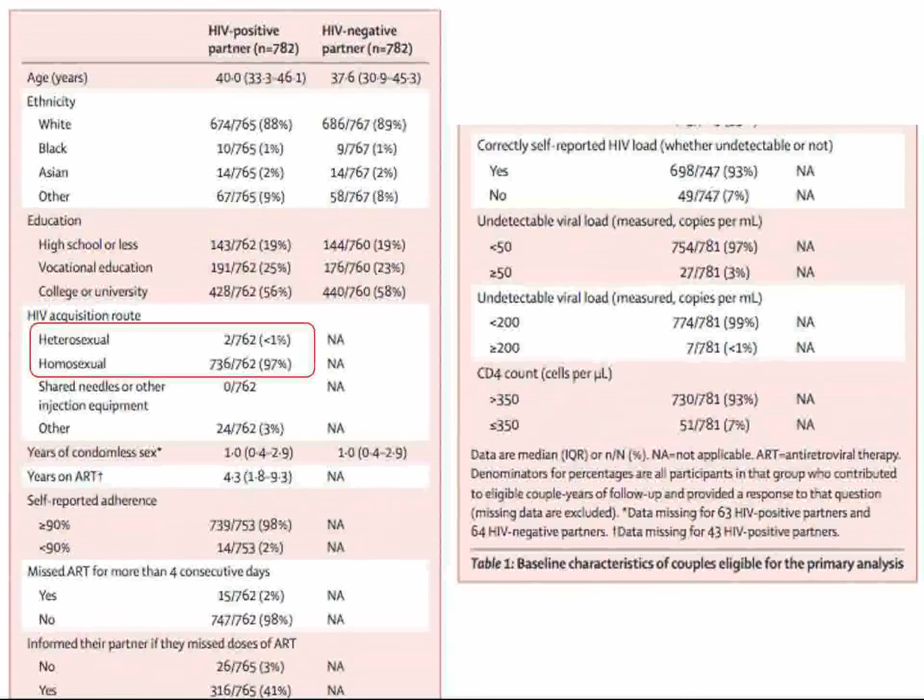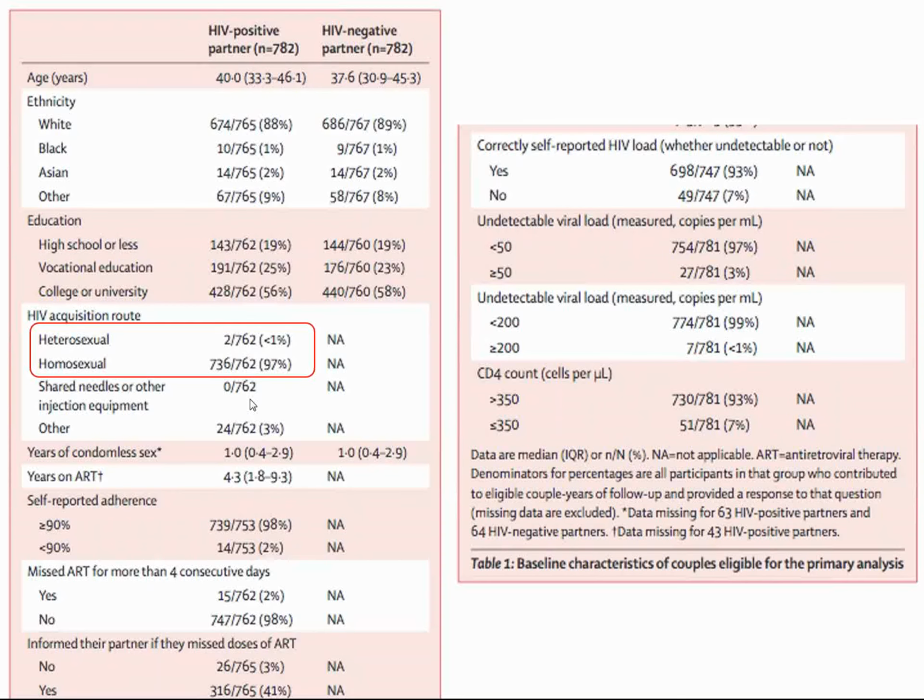So couples were recruited who were divergent for HIV positivity. And they weren't all homosexual, although 97% of them were. 1% was heterosexual, and I guess the other 2% weren't certain.